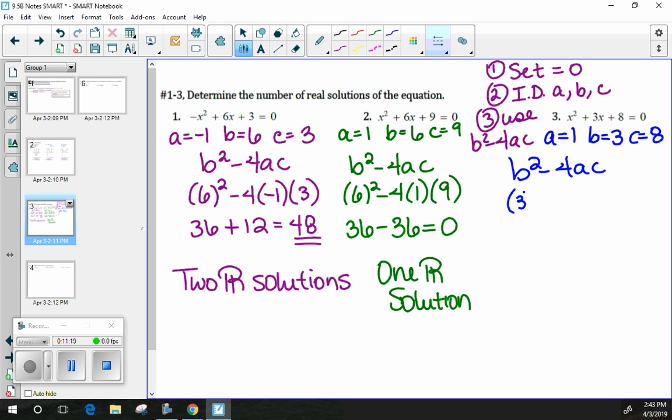So if we insert the 3, the 4, the 1 and the 8 here, and simplify, we should have a good idea. So 3 squared, 9, minus 4 times 1 is 4. What's 4 times 8? 32. And then 9 minus 32 ends up being a negative 23.